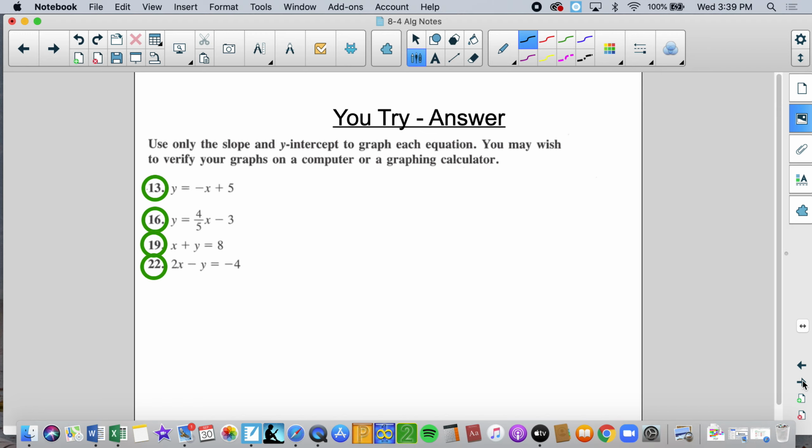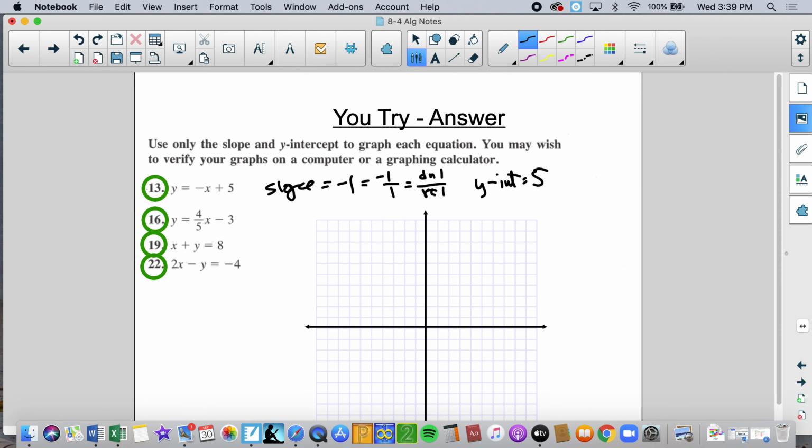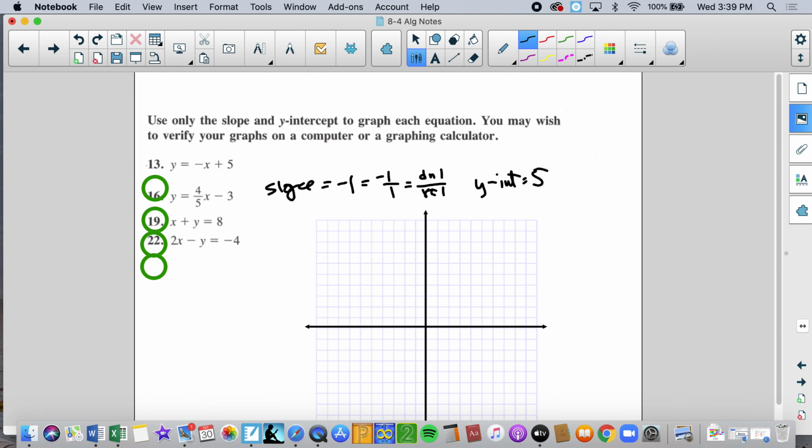So let's do the first one. Let's take the first equation. I know that my slope is equal to -1, as a fraction -1/1, and that means down 1 and right 1, rise over run. And my y-intercept is going to be +5. So I pull out my graph. I'm going to plot my y-intercept first.